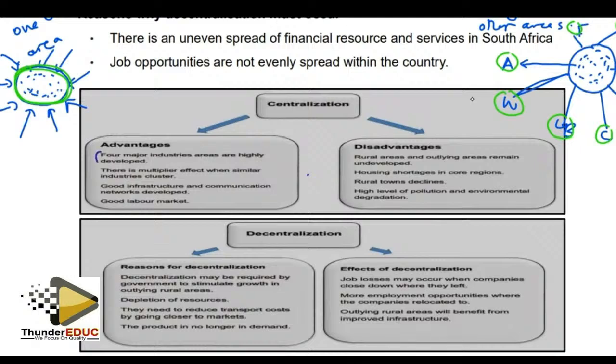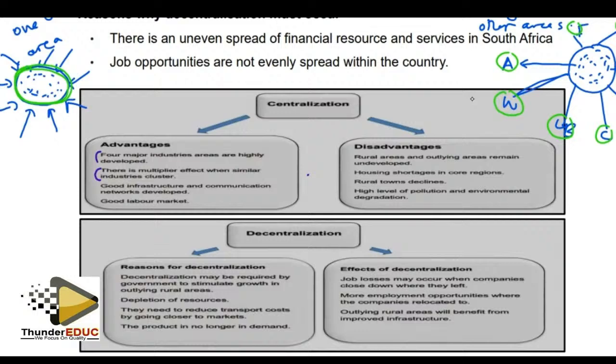Then secondly, there's a multiplier effect when similar industries are clustered, meaning a lot of goods are being produced, resulting into high demand and as well high expenditure. People are having more jobs, also increasing their incomes, which results into more demand for goods.